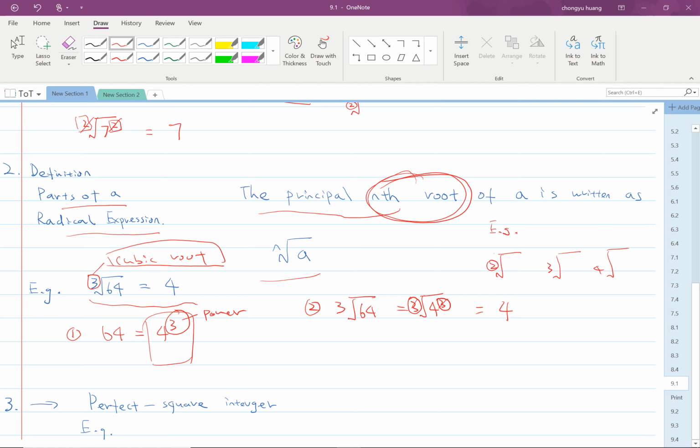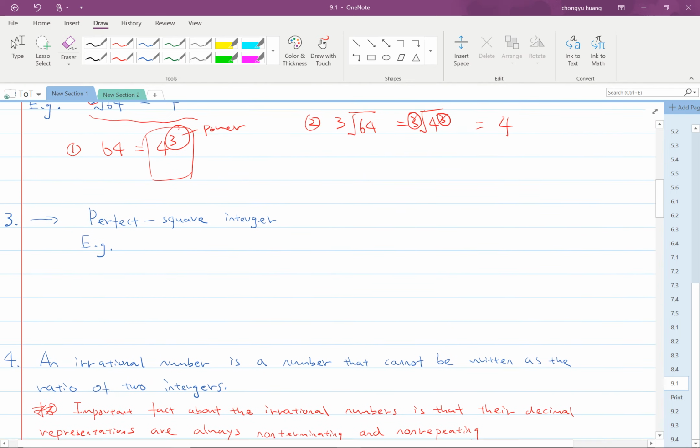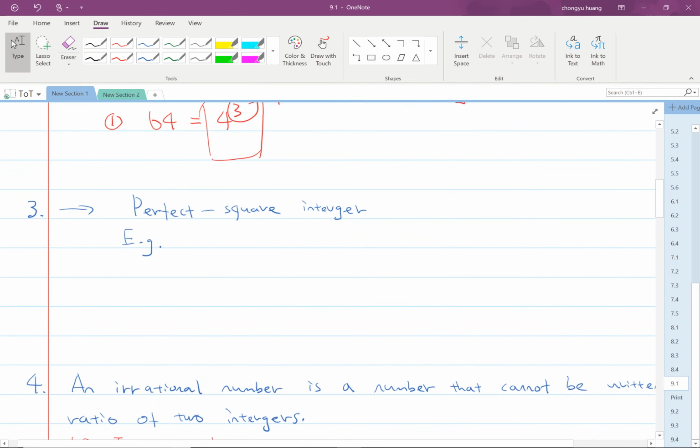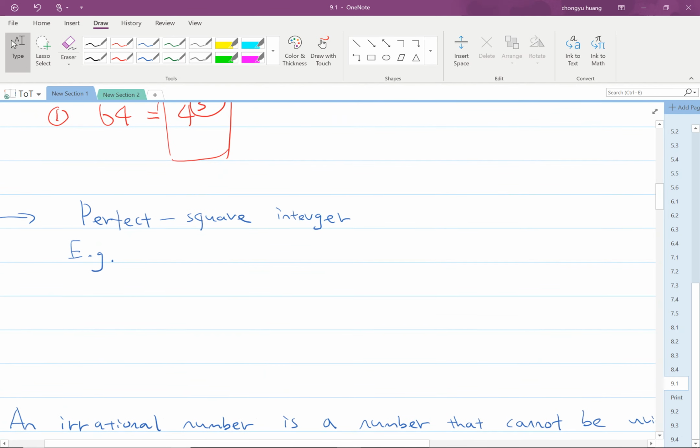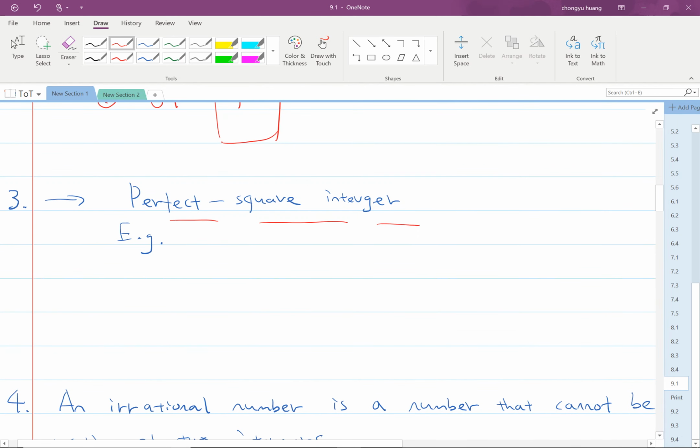After that we are going to talk about the perfect square integer. What do we mean by a perfect square? We have 1 squared equal to 1, and then 2 squared is equal to 4, and then 3 squared is equal to 9, and then let me give you the last example.